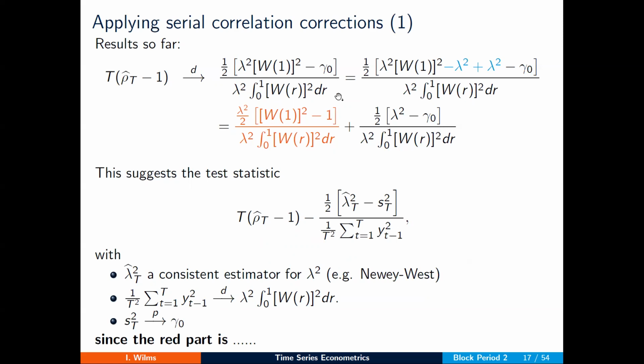So let's start from our limiting distribution and do some rewriting by adding and subtracting the long run variance lambda squared. Then I can take these terms together in the first part, where I've pulled lambda squared outside. And I'm only left with this second part over here in my second term.